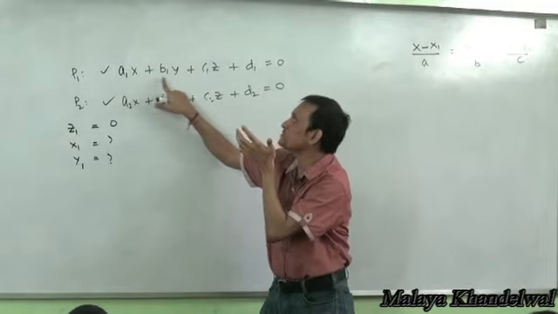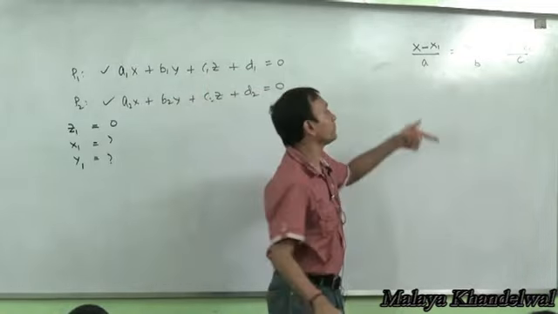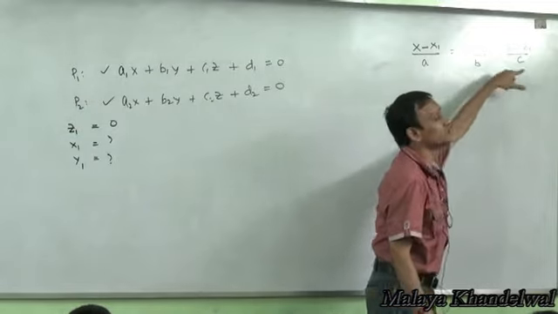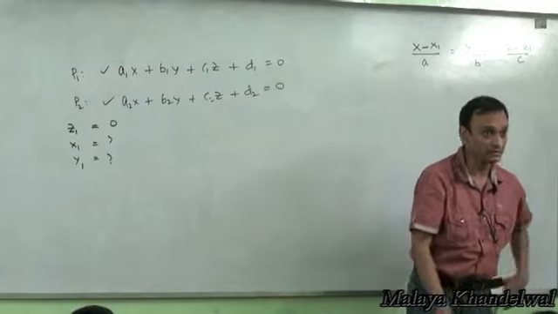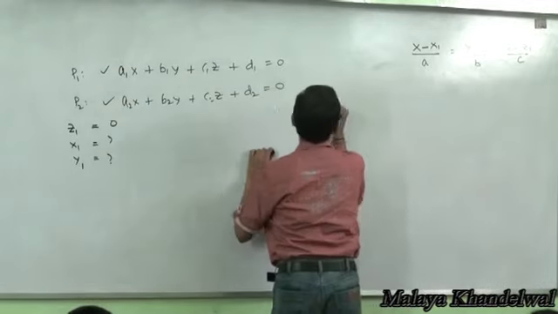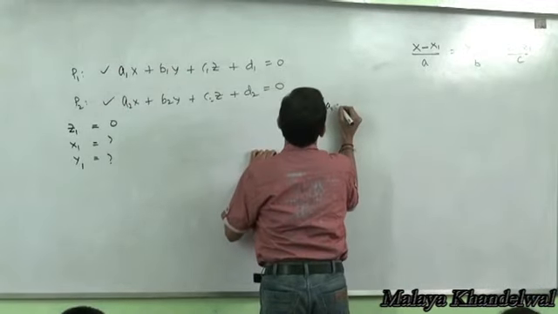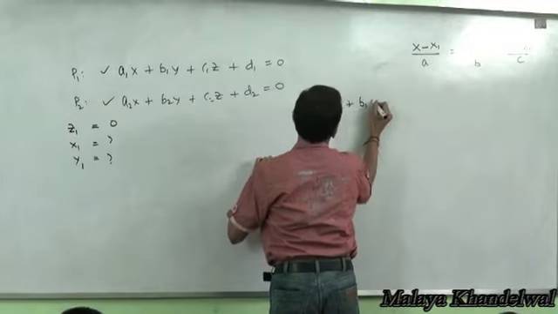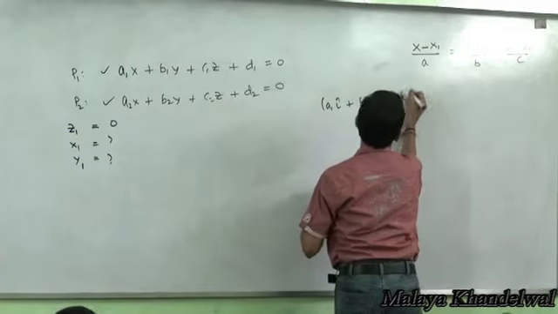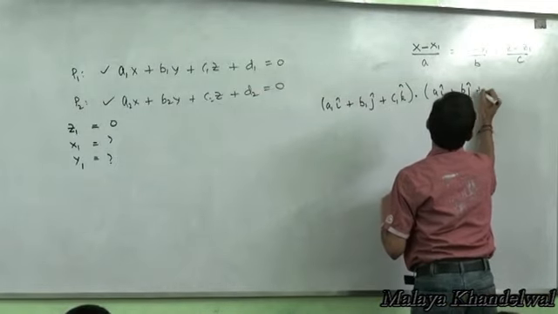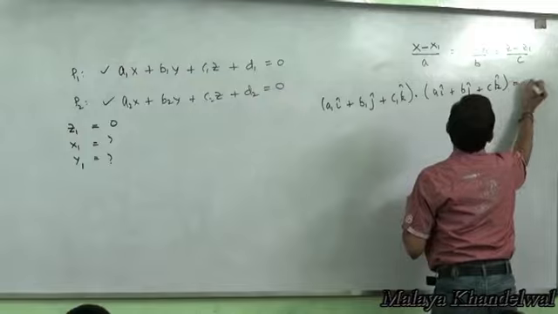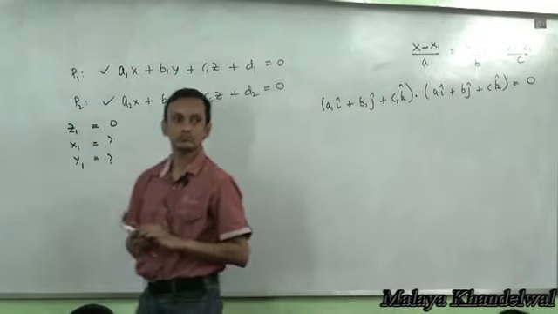That means A1i plus B1j plus C1k, the normal to the plane, must be perpendicular to ai plus bj plus ck, which is along the line and therefore along the plane, right? So A1i plus B1j plus C1k dot ai plus bj plus ck, that's zero.